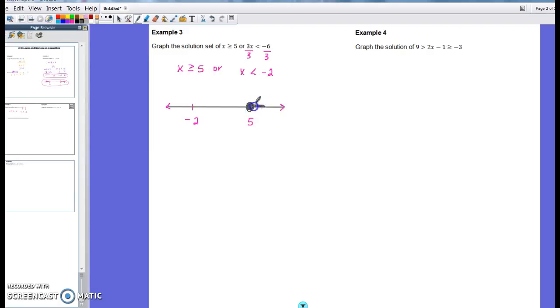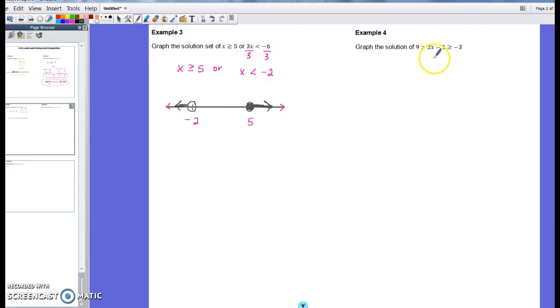And greater than means I shade to the right. And then less than -2 means I have an open circle at -2. And I shade to the left, less than left. That's what my solution set looks like on a number line. So I didn't have to do anything with that x is greater than or equal to 5. I did, however, have to solve for x in that other inequality.